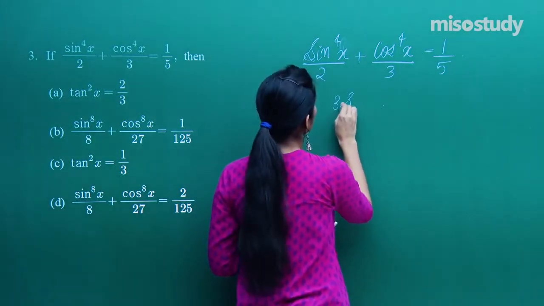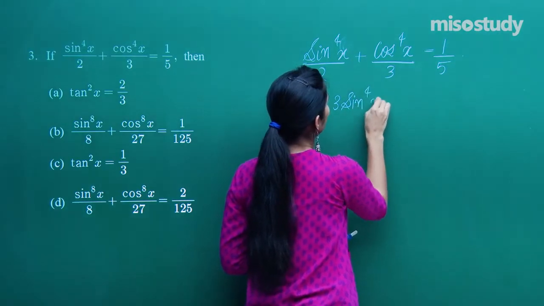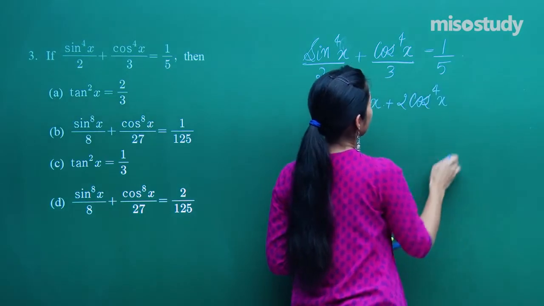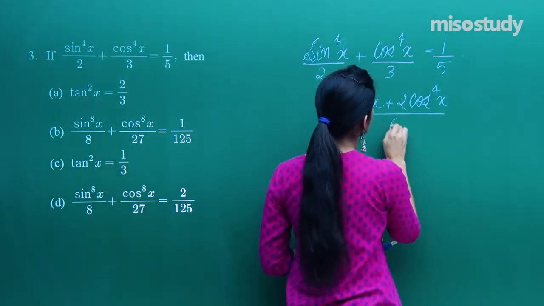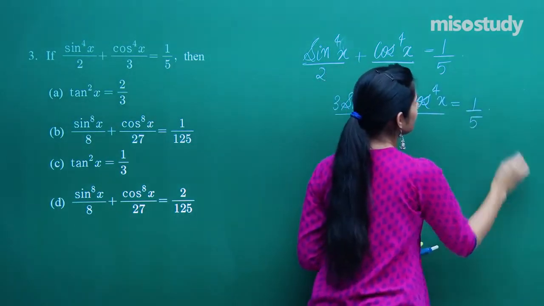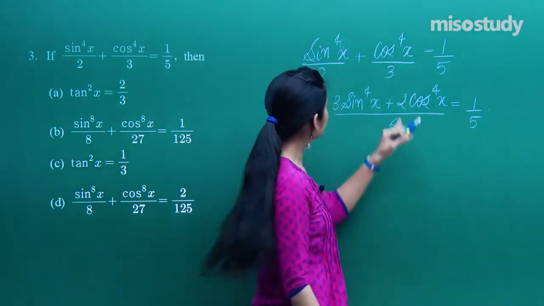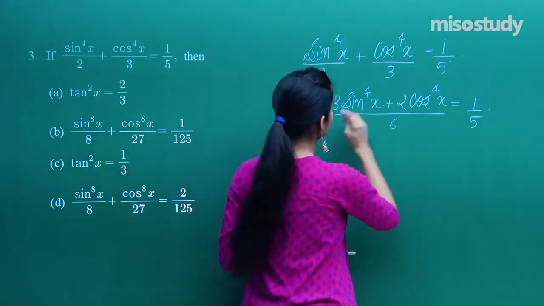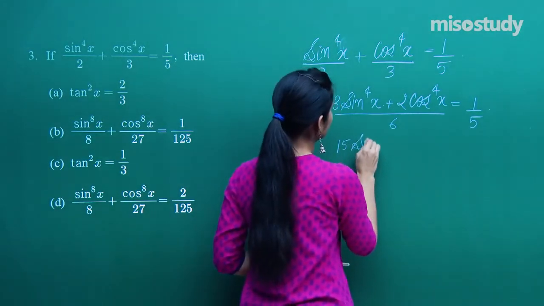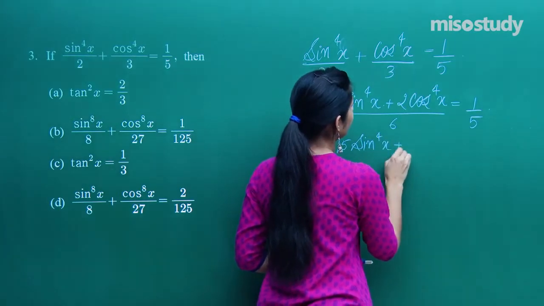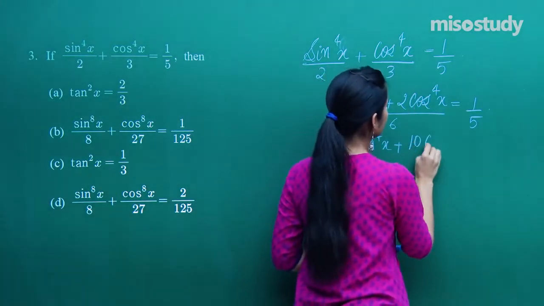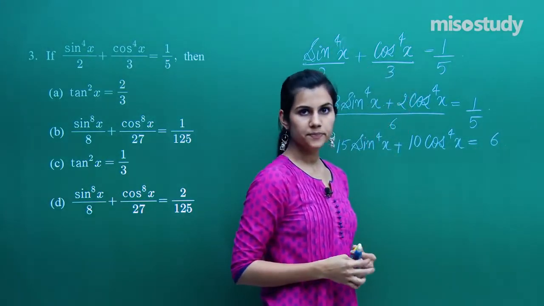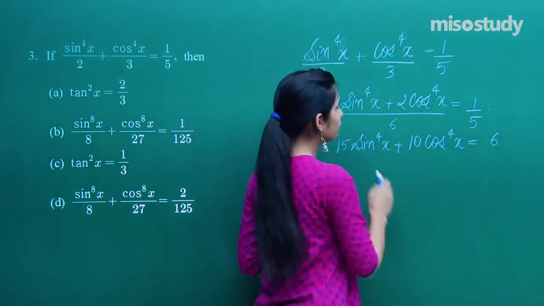What you get? 3 sine 4x plus 2 cos 4x whole upon 6 is 1 by 5. Cross multiply, you get 15 sine 4x plus 10 cos 4x equals 6. 5 into 2, 10, 5 into 3, 15.